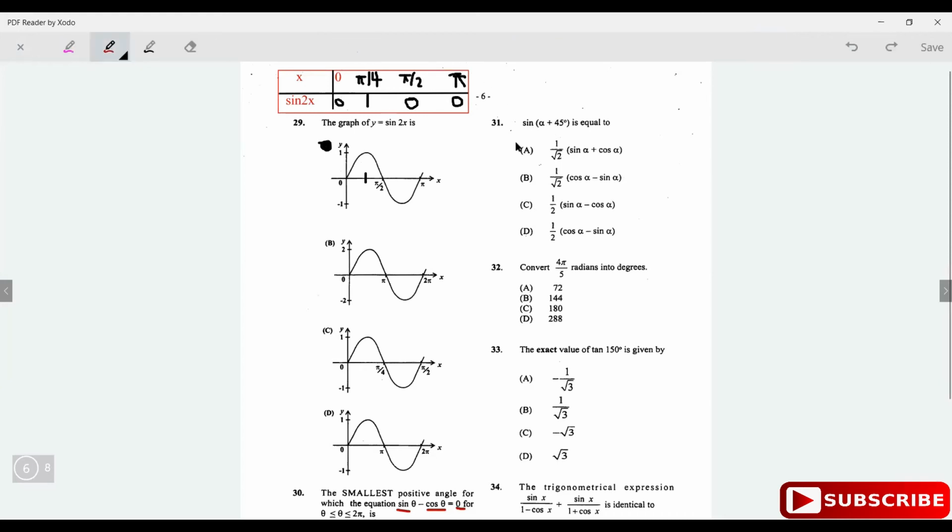To expand this, we have to remember the identity that tells us that the sine of alpha plus 45 is equal to sine alpha times the cosine of 45 plus the cos of alpha times the sine of 45.